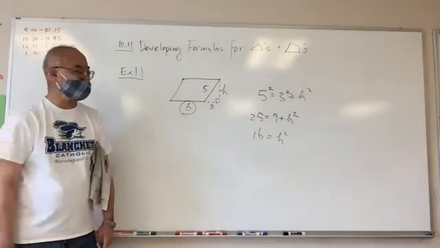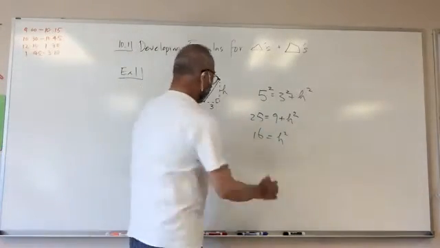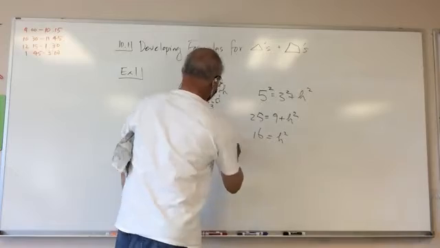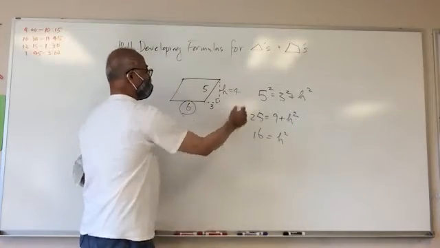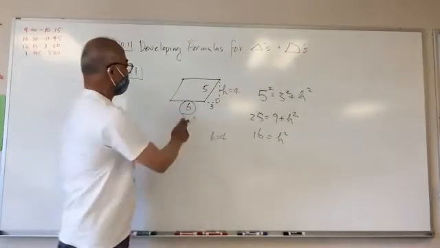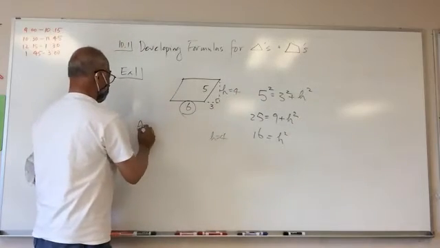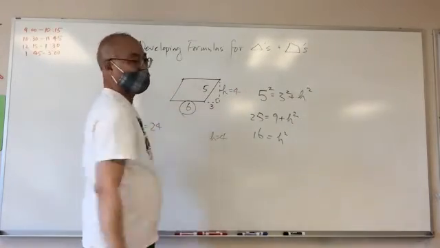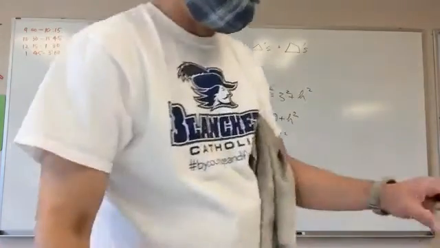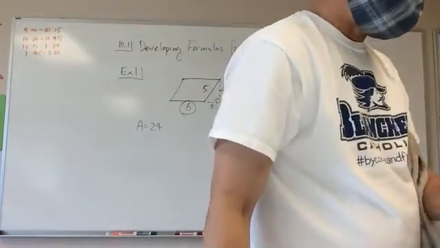H will be 4. So it's going to be equal to 4, which means that now the area is nothing more than this times this. 24. And move on to the next one.